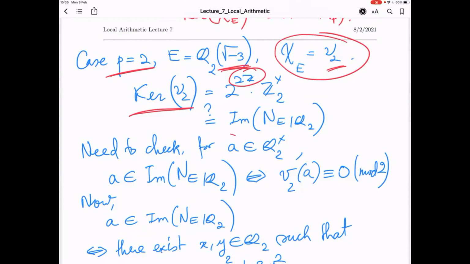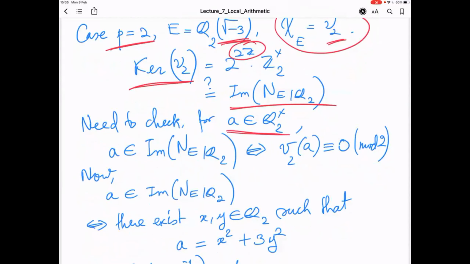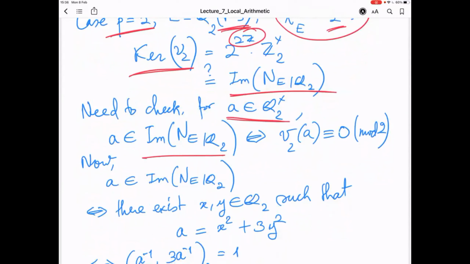And we have to check that the image of the norm map consists of precisely the same elements. So let's take an element A in Q_2 star. What does it mean for it to be in the image of the norm map? We have to check that A belongs to the image of the norm map if and only if its valuation is even.